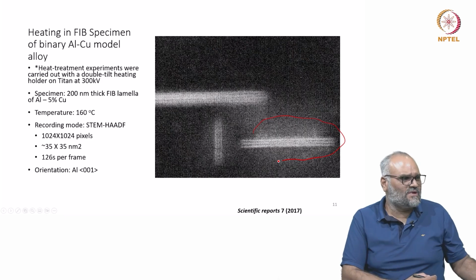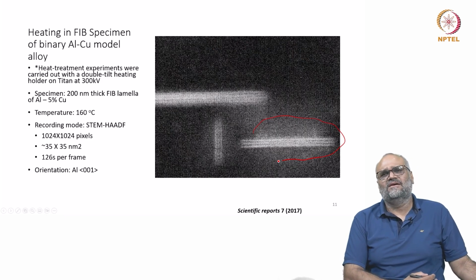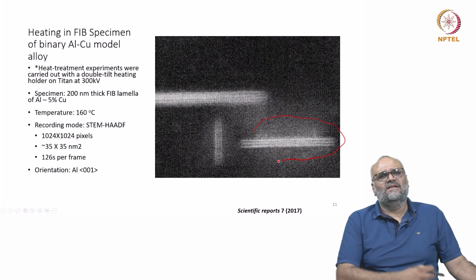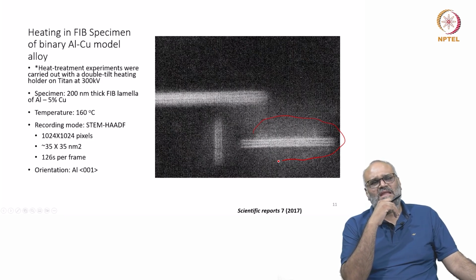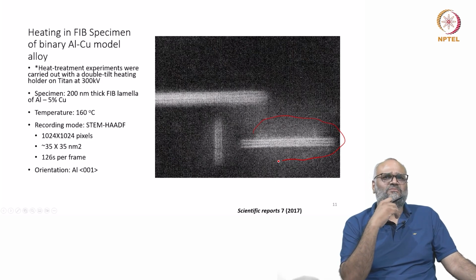So if you look at the time scales of how this process was happening, it is approximately 2 seconds per frame, and the temperature is at 160 degrees centigrade, and it was recorded in STEM HAADF mode.